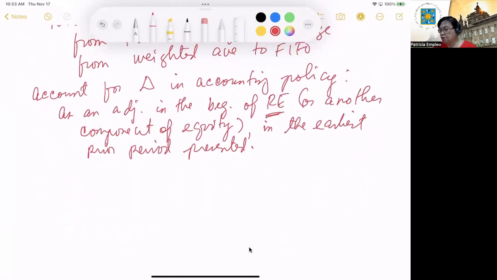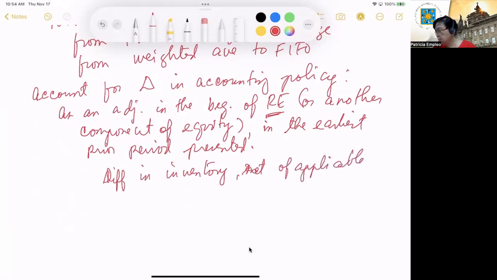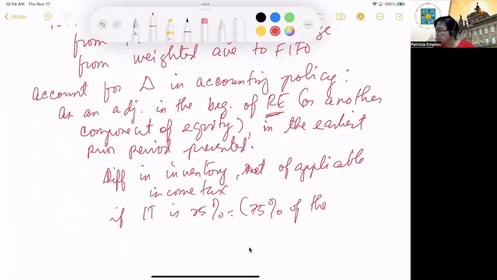So the effect of the change is the difference in beginning inventory net of applicable income tax. So if income tax is 25%, that means therefore that will be 75% of the difference in inventory value.